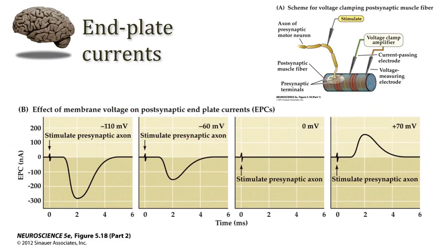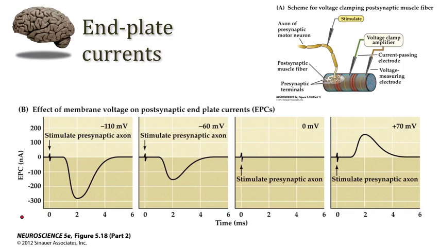And when we first look at the extreme hyperpolarization, what we find is that there is a significant inward current. So again, negative current here by convention is an inward current carried by a cation. So with minus 110 millivolts of hyperpolarization, stimulating this axon leads to a strong inward current.